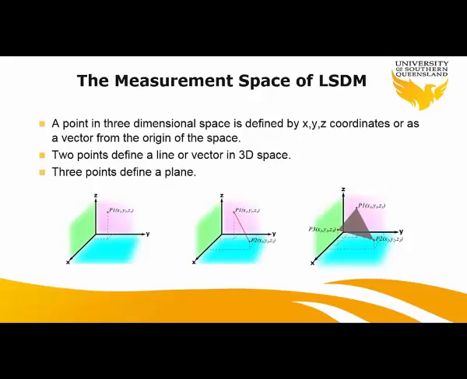If we are talking about one point, it's only the coordinates defining that point. A vector is obviously a combination of 2 points in 3D space, and if we are looking at a surface, it's basically 3 points creating a plane or a surface in 3D space.